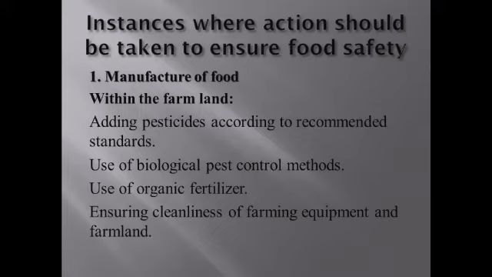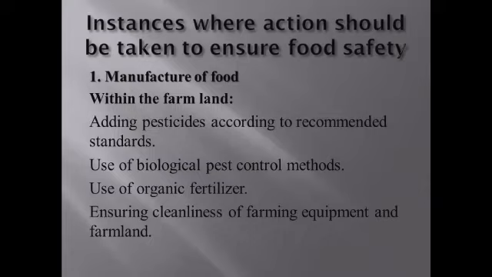So we need recommended standards. Next, use of biological pest control methods. Next, use of organic fertilizer. Organic fertilizer means we should use fertilizers in a natural way, without using inorganic fertilizers. So we want to get a proper fertilizer.